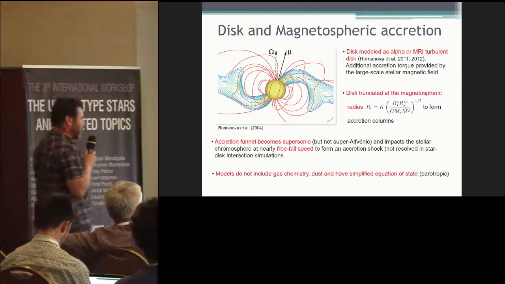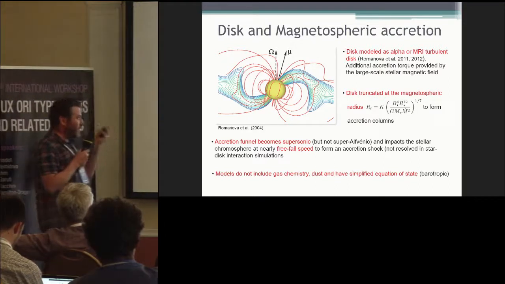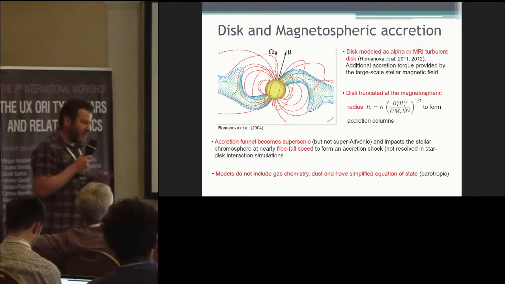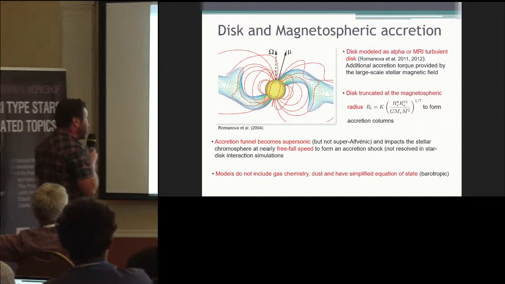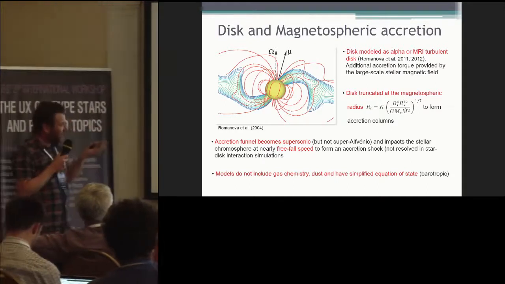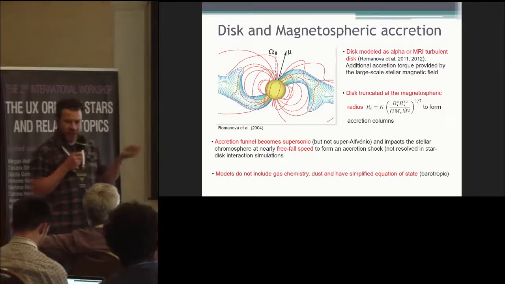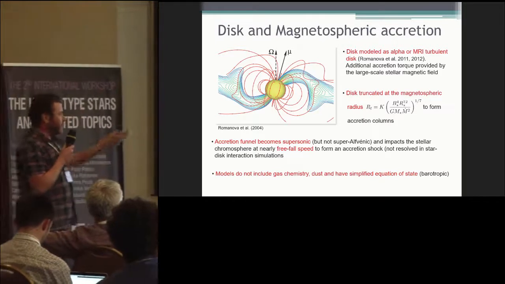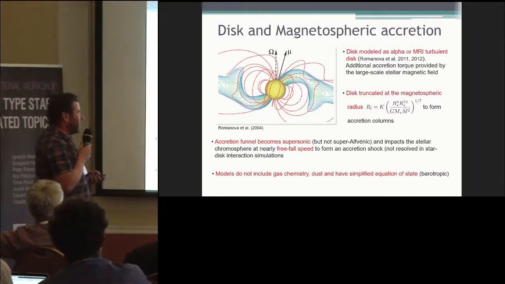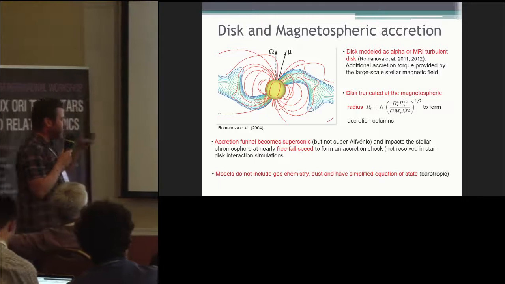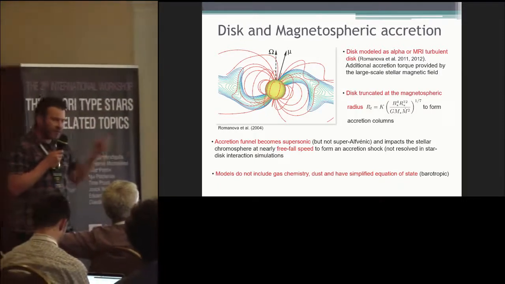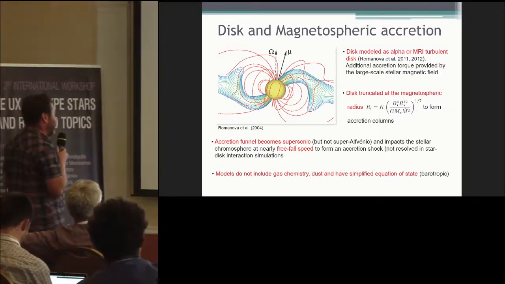Okay, about accretion. Usually in these simulations we have quite a rough, simple model for the accretion disk, which is typically modeled as an alpha viscous accretion disk, with some notable exceptions, always by Marina Romanova, who tries to include an MRI active disk accreting onto the magnetosphere.